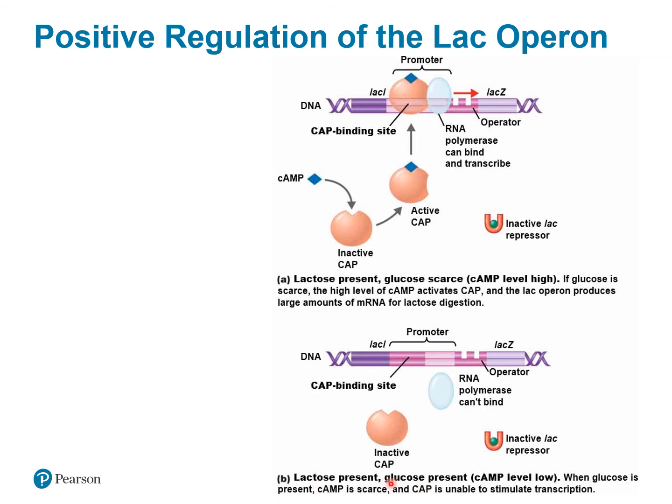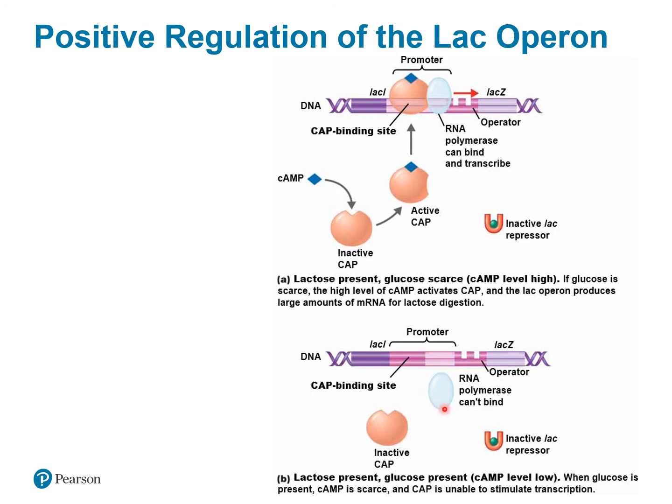So as you can see, if the glucose levels are pretty high, even though lactose is still present and binds to the repressor, and therefore inhibits the repressor from binding to the operator, transcription of the genes that are needed to metabolize lactose is not going to take place.